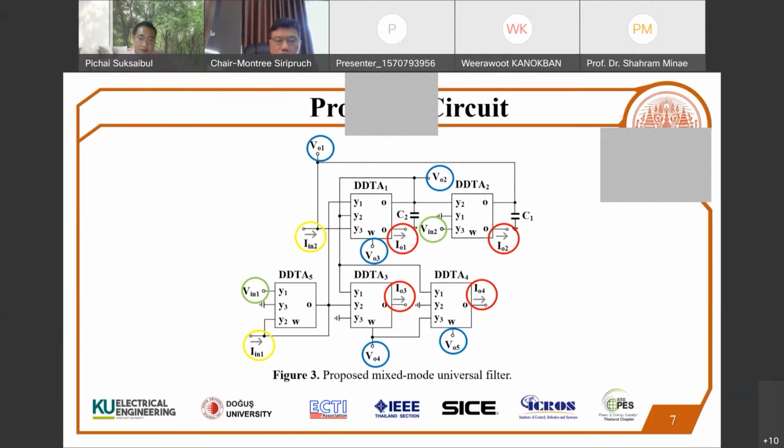There are 2 input voltages as green circles, 2 input currents as yellow circles, 5 output voltages as blue circles, and 4 output currents as red circles. Considering input per output, we get the output voltage and current equations on the next page.